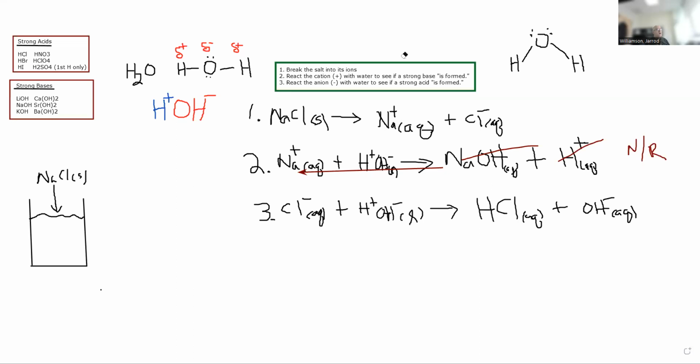However, HCl right here is a strong acid. That means it 100% ionizes, breaks apart, and forces this reaction completely backwards. And that means I also get no reaction here.